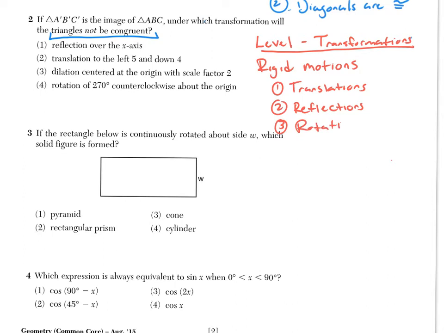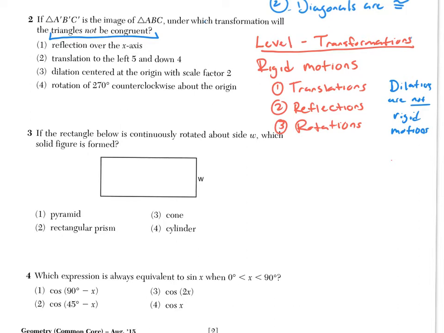These all produce congruent images because they are rigid motions. Now, what's not a rigid motion? Dilations. All right, and so dilations is what we're looking for. Dilations are not rigid motions. They actually make similar figures, not congruent, but similar figures.